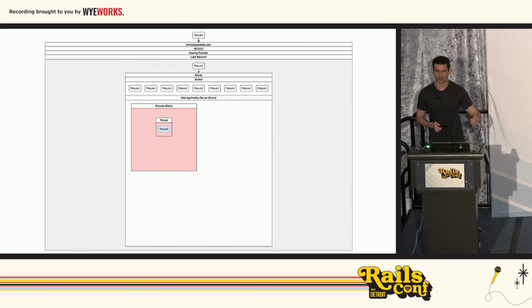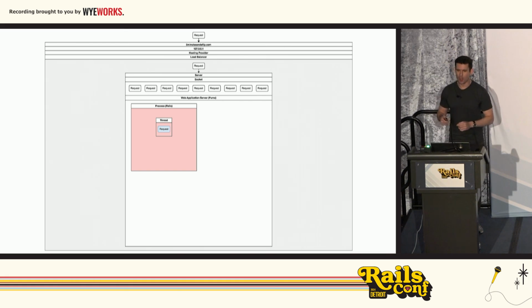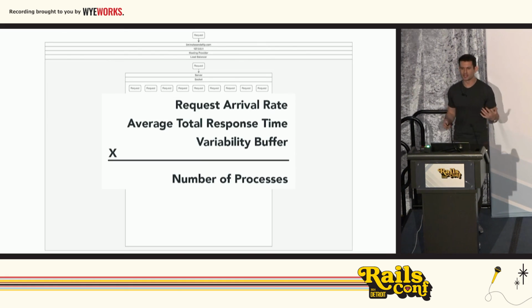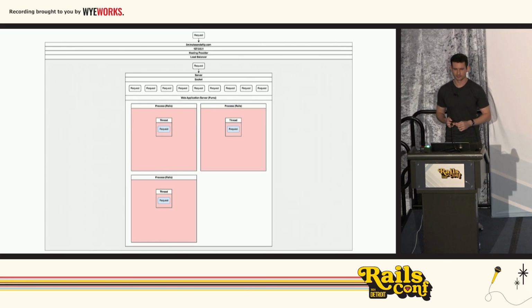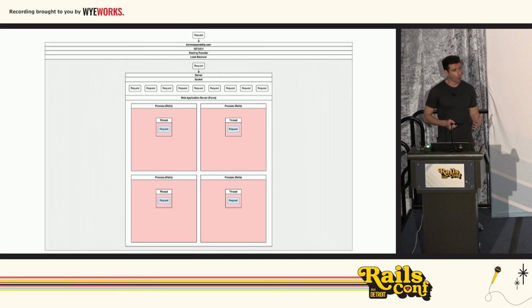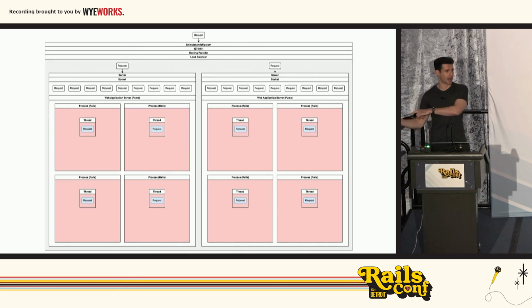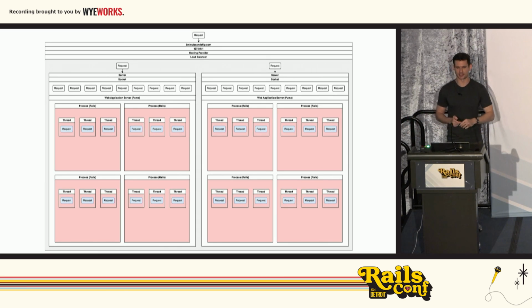To keep pace with our traffic, we can multiply our average response time by our request arrival rate while factoring in a little buffer to reach a number of processes that we should bring online to make sure that we're processing requests quick enough so that our queue doesn't back up. And we can bring processes online up to the number of CPU cores available on our server. If we find that we need more processes online than our server can support, then we can bring more servers online. And all the while, we can be running multiple threads within each process.